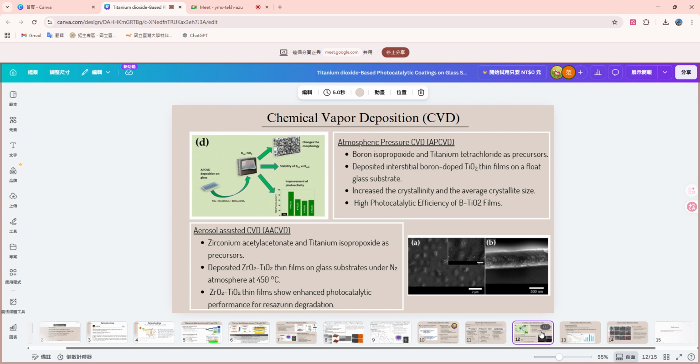Aerosol assisted CVD. Depositing a TiO2 composite film on the glass substrate. The deposition was conducted using zirconium acetylacetonate and titanium isopropoxide as precursors under atmosphere at 450 degrees. The thickness of the film was close to 500 nanometers.